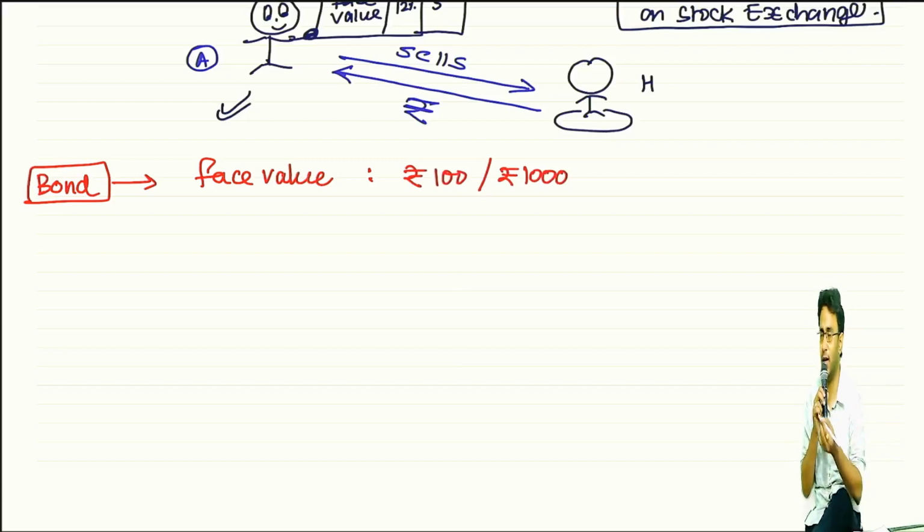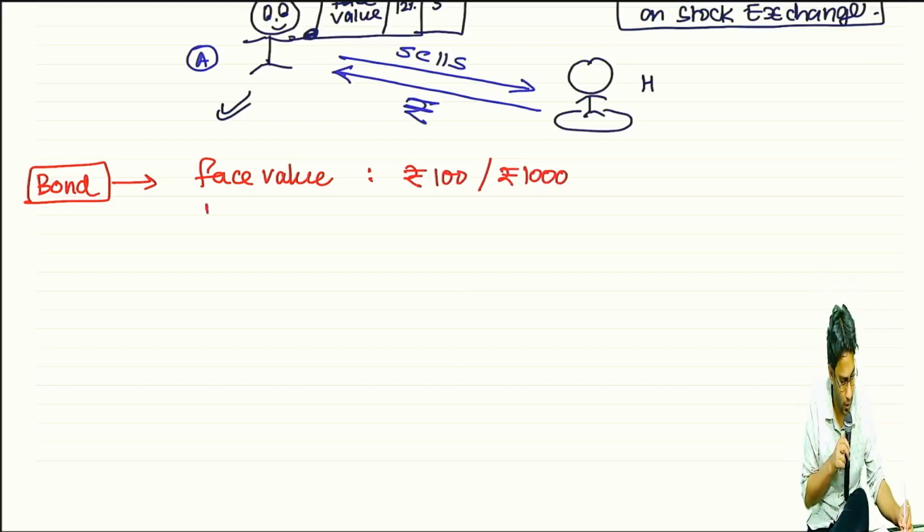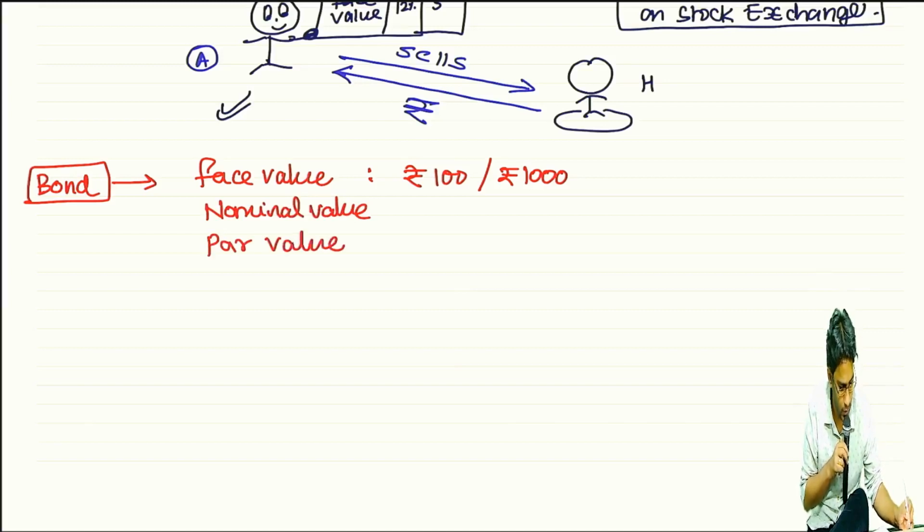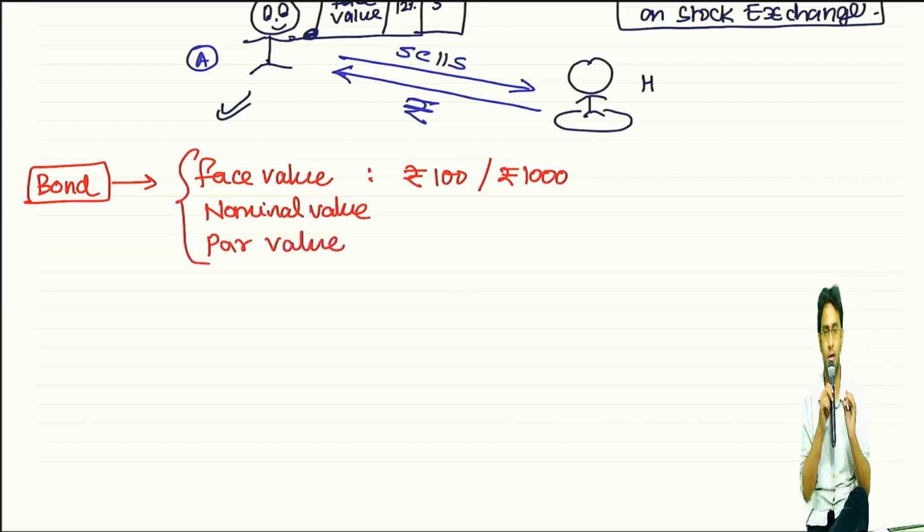A bond can have any face value. Face value is also called nominal value. It is also called par value. These are the same names, sir. All three indicate the same thing. Nominal value, face value, par value, they are all the same.